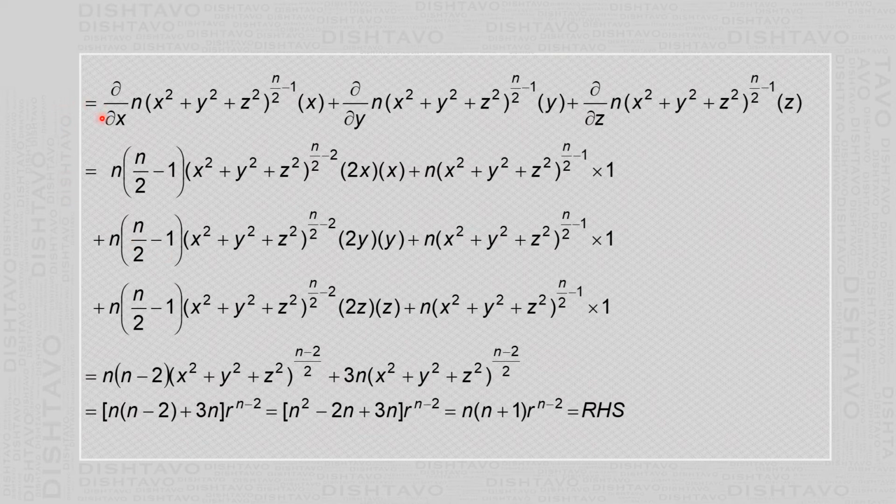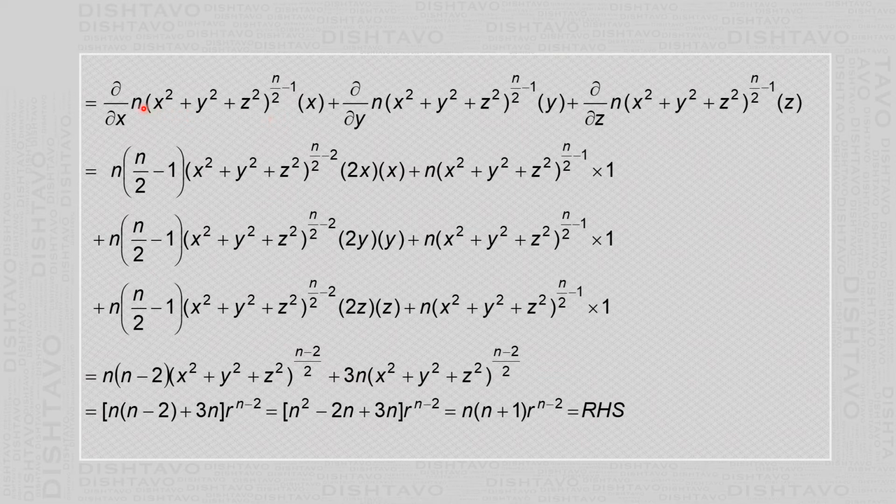Now here we have to do the partial differentiation in the first term with respect to x, in the second term with respect to y, and in the third term with respect to z, of the product of these two functions. These two functions are x square plus y square plus z square raised to n by 2 minus 1, and the second function is x. So we use the derivative of the product formula, which is u dash v plus uv dash.